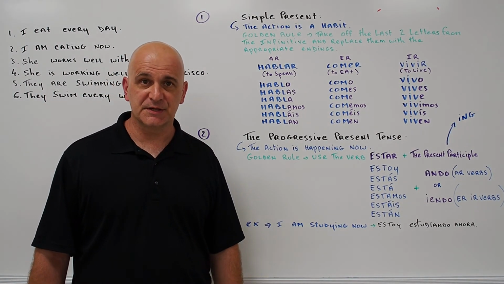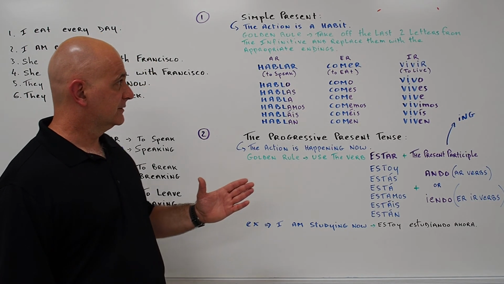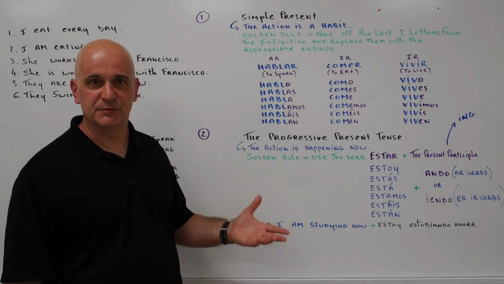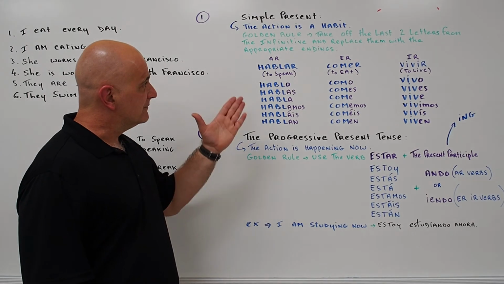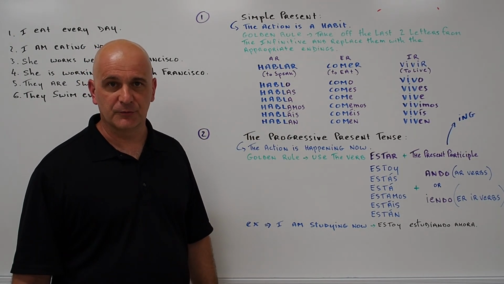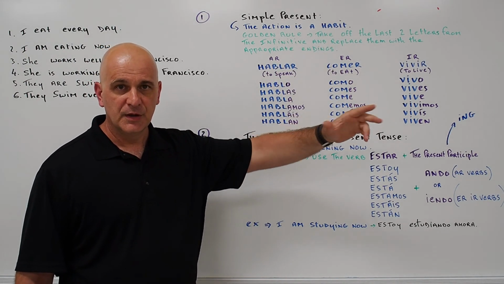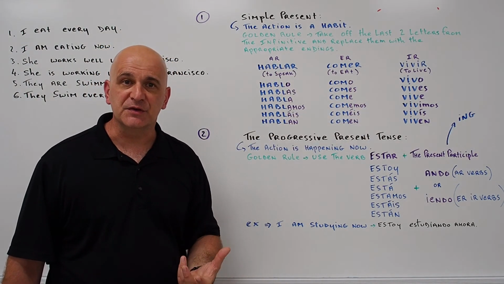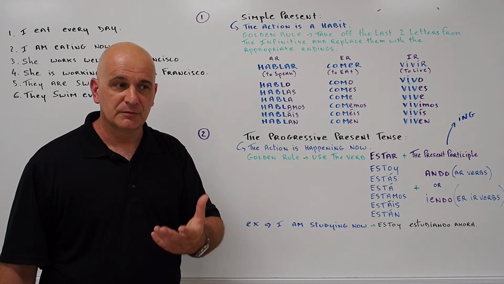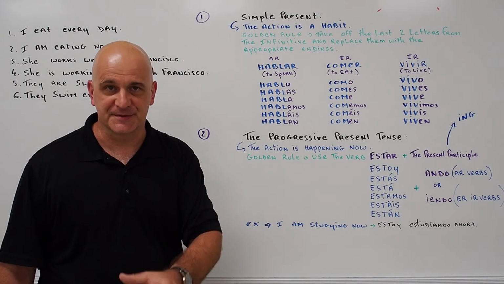So now, what does that tell you? For every respective verb that you're dealing with here, whether it's an AR verb, ER verb, or IR verb, you're going to have a set of endings that is going to match that particular infinitive.